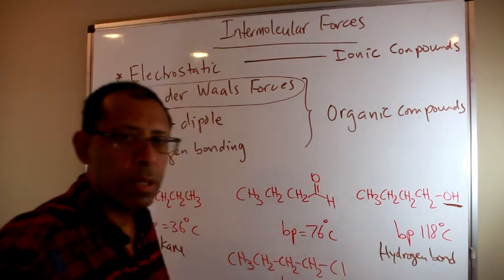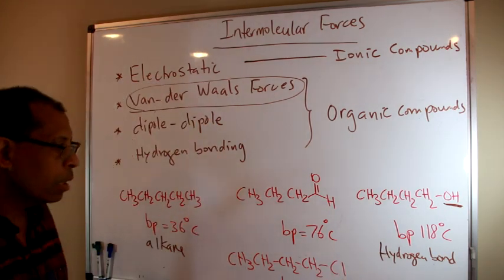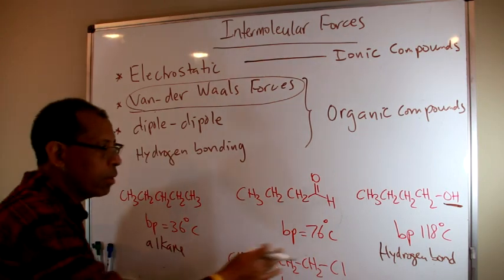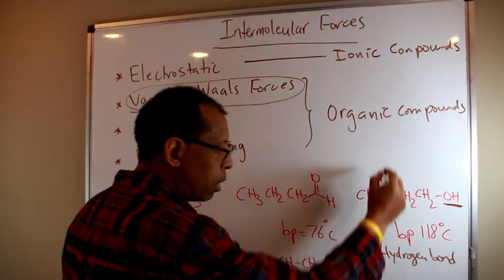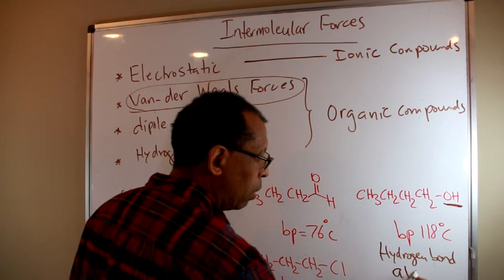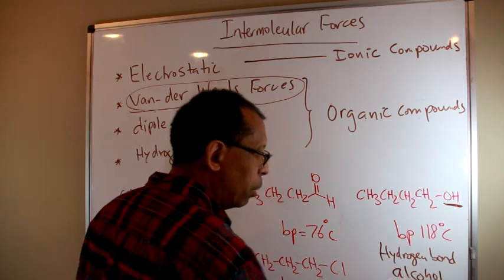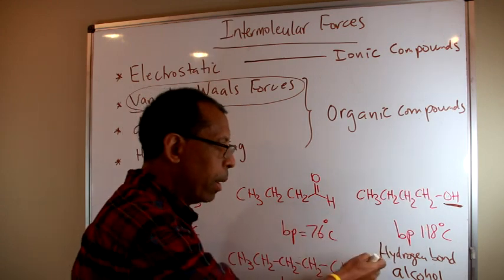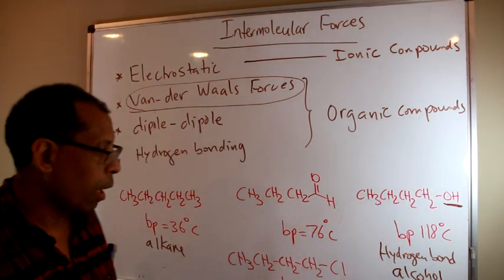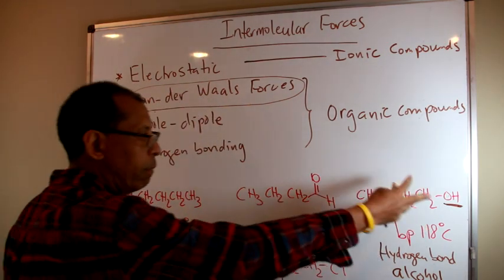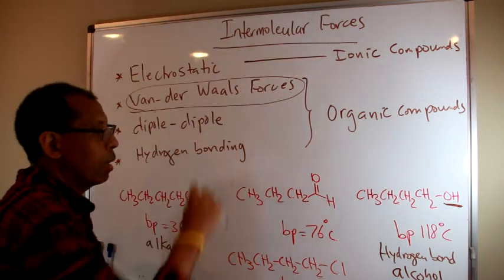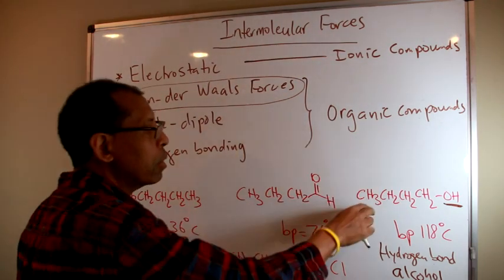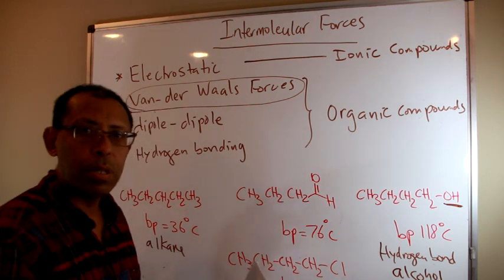So the boiling point is 118 degrees Celsius. So, alkane versus alcohol. Remember, the alcohol functional group makes a hydrogen bond type interaction between molecules of itself. So when you say intermolecular forces, it's a force between one molecule and another molecule of the same kind.